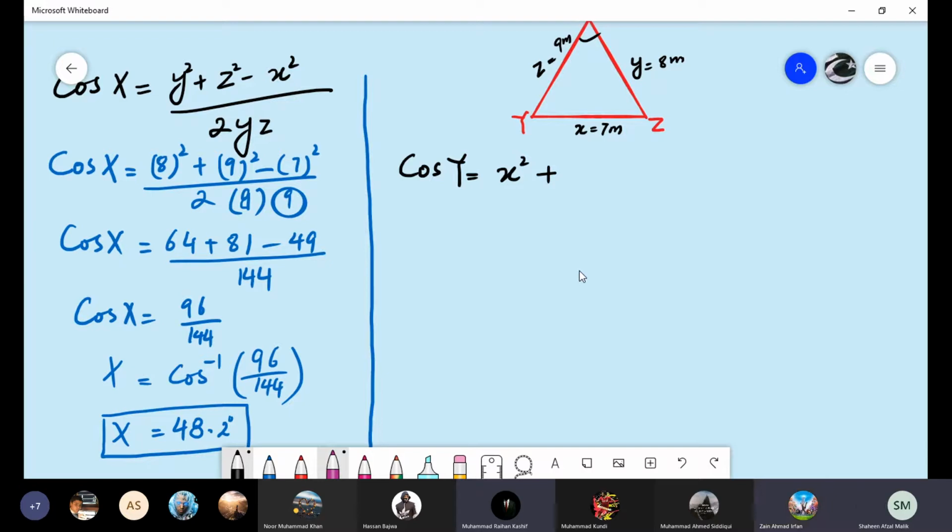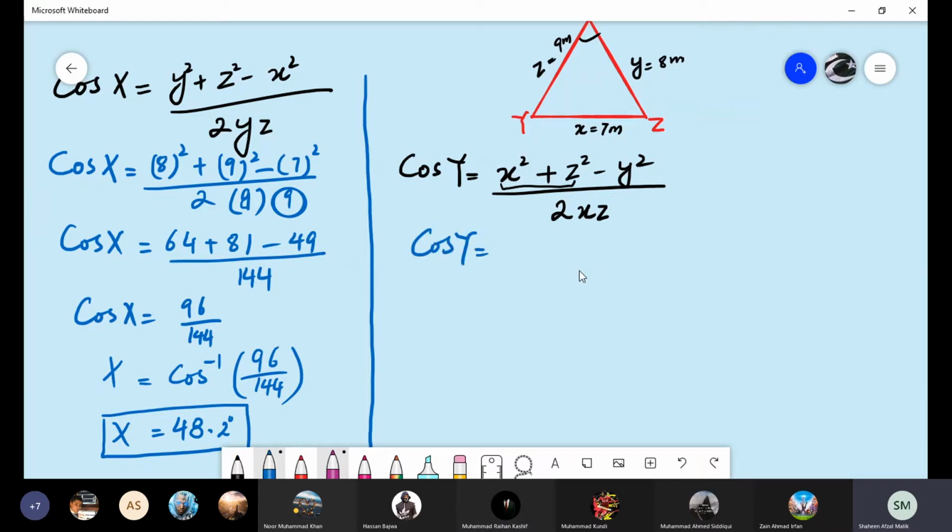Whatever we want to find out, we have to subtract that one. These two same values you have to write here. Okay, now substitute the values, Rehan, and tell me the answer, beta.